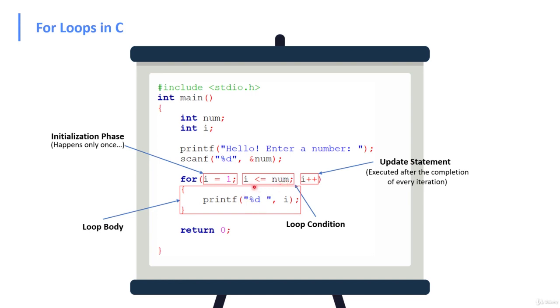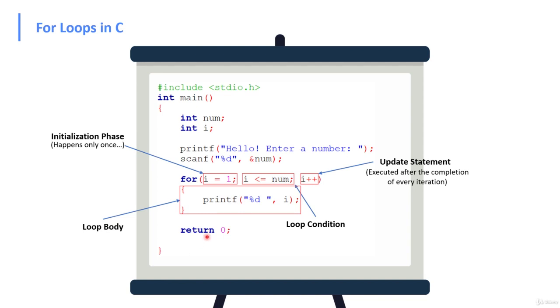Then we run this printf command once again, we increment i by 1, and now i will be equal to 6, and 6 is not less than or equal to 5. The result of this condition will be false, which means you are not going to execute the loop body and you step out of the for loop and proceed with your program, in this case just return 0 and get it over with.